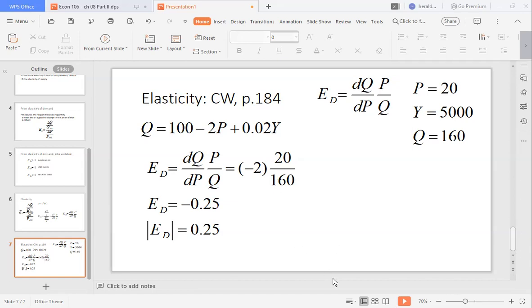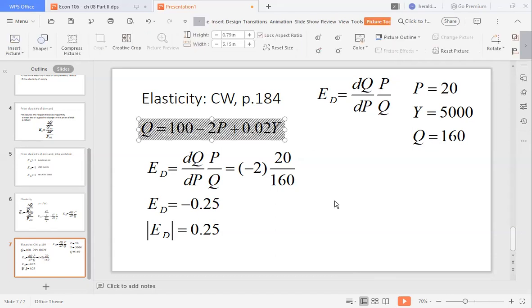So saan po nakuha yung 160? So again, 160 is, okay, let me just complete this one. So that's p is equal to 20, 0.2.